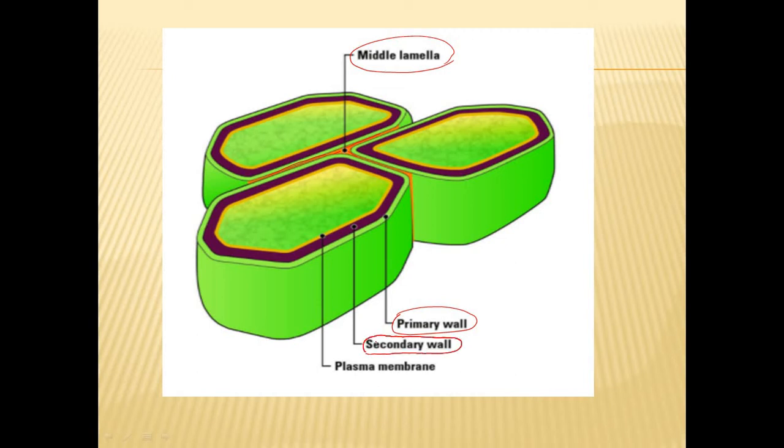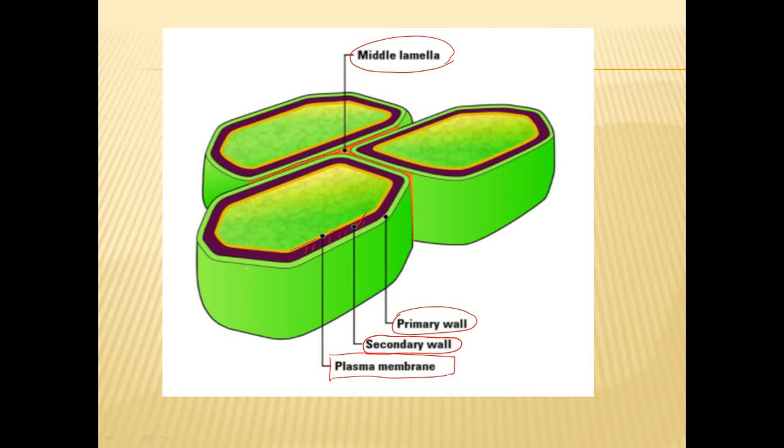You can see the star color structure, and after that you can see the yellow color structure. This is the plasma membrane, which is present as the third layer inside the plant cell.